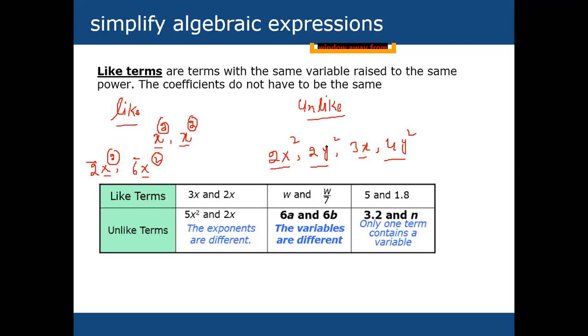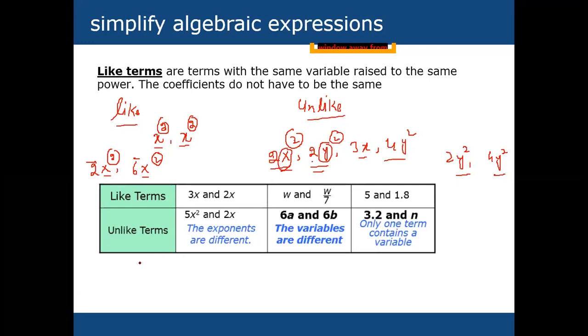We don't have one, because 2y square has the same power but the variables are not the same. So 2x square and 2y square are unlike terms. Their coefficients are the same, their powers are the same, but their variables are not the same. But 2y square and 4y square are like terms because both have variable y and power 2.